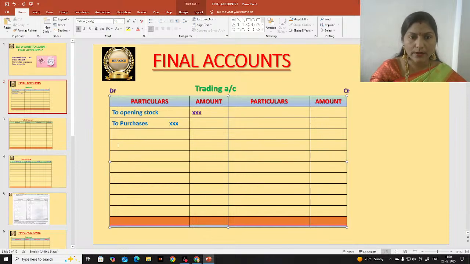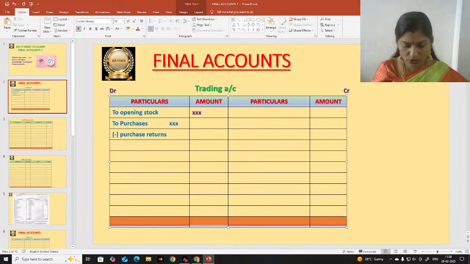Next, under that, we should write minus, because purchase returns we always deduct from purchases. So minus purchase returns, and whatever amount is given in the question, you record here as the purchase returns amount.